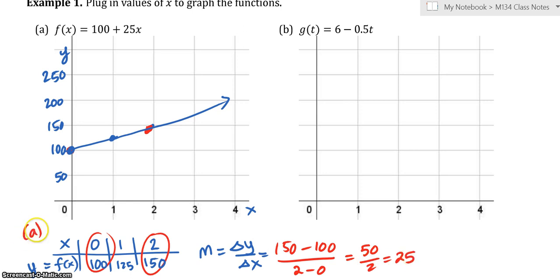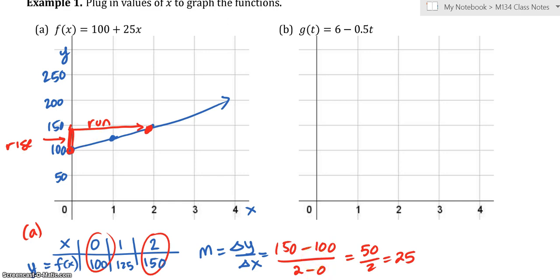This is all part A. So if I rise up by 50, that's this bit, and then I run over 2, this is my rise, and this is my run, that would be what this represents.